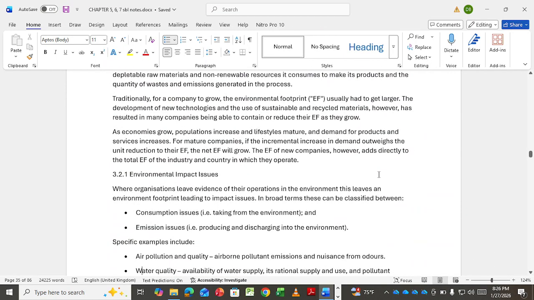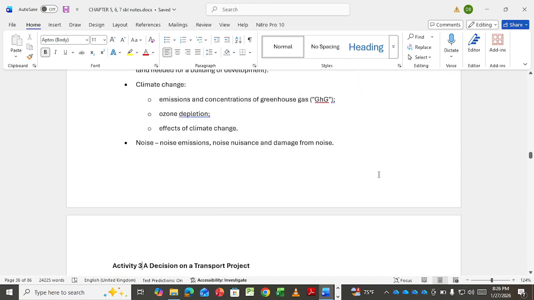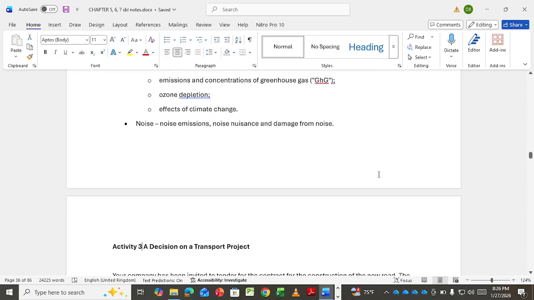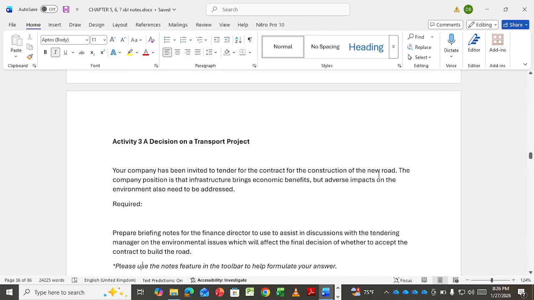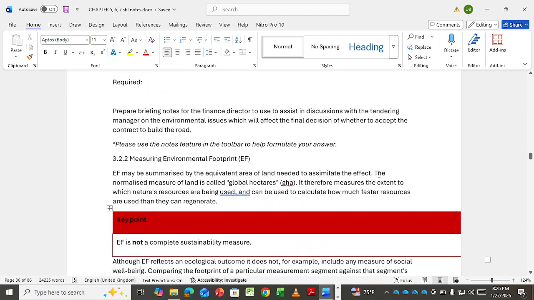So that is for the environmental footprint. This one talks mainly about things that affect the environment: the climate, the pollution, the waste management. All those are explained in the environmental footprint.